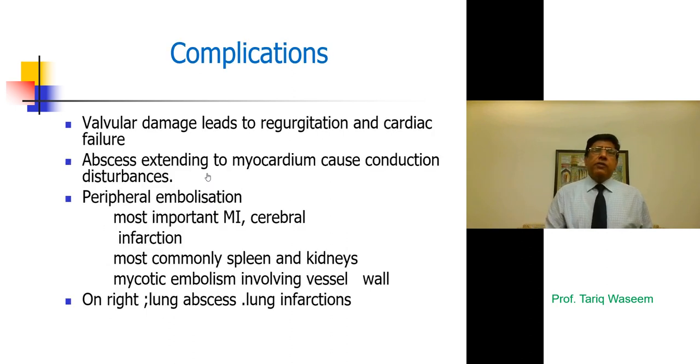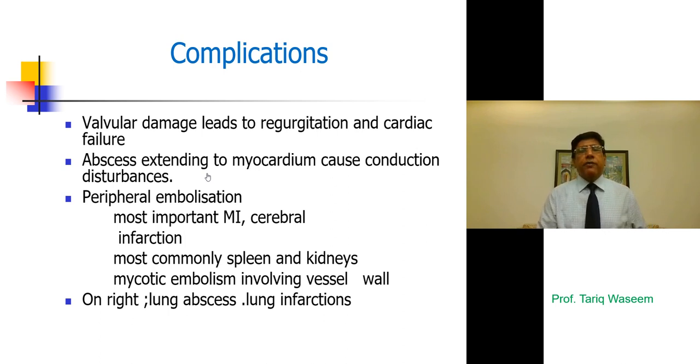The complication which can happen as a result of endocarditis is that the already damaged valve may be further damaged, and the patient may develop cardiac failure. There may be formation of an abscess in the adjacent area, and this may extend to the myocardium, causing conduction disturbances, and the patient may develop new onset left bundle branch block or right bundle branch block.